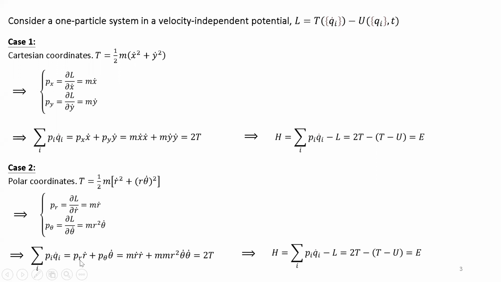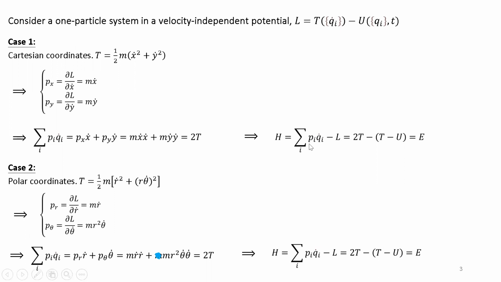Here you will see that Pr r dot is actually m r dot times r dot. The second one, I have a typo here, just one factor of m, is m r squared theta dot times theta dot. You again realize that this sum equals 2 times the kinetic energy. So again we are good, and the Hamiltonian will be equal to the total energy.